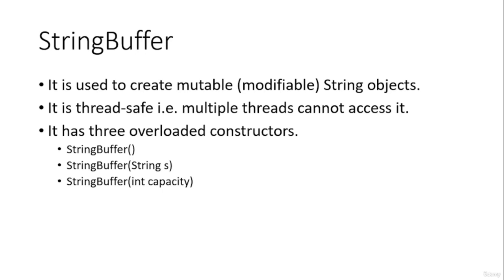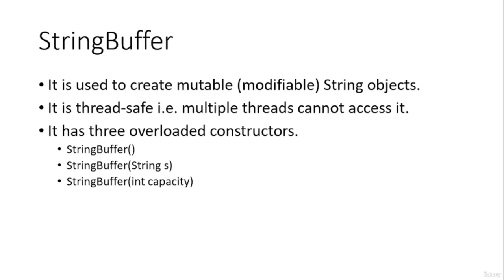One more thing about string buffer is that it is thread safe. Multiple threads can access this class at the same time without causing thread safety issues. But due to that thread safety, it is slow compared to string builder and string.